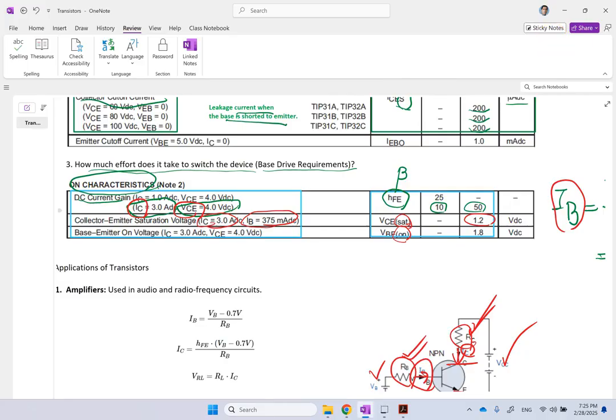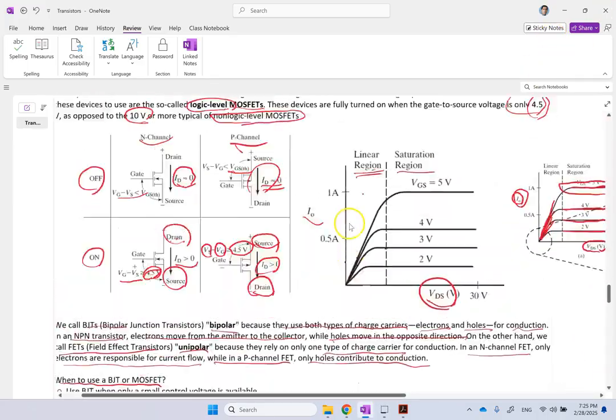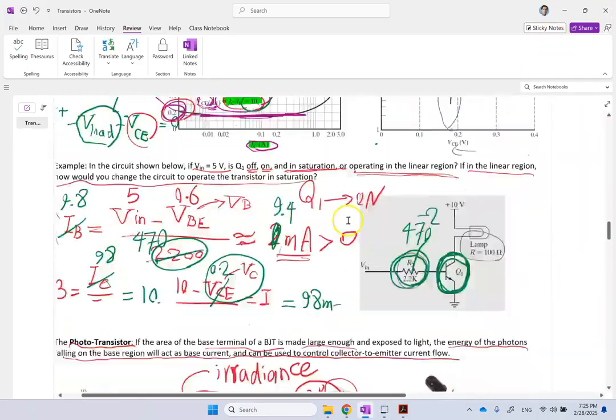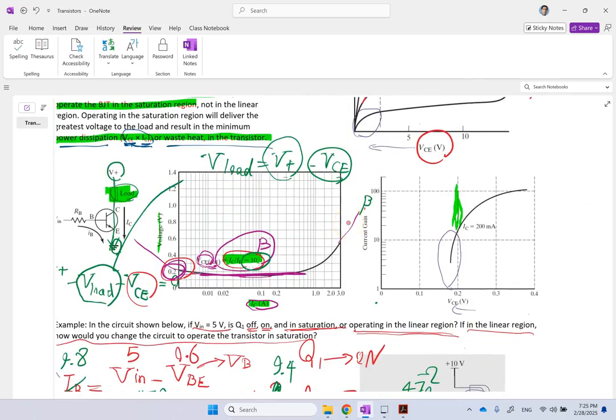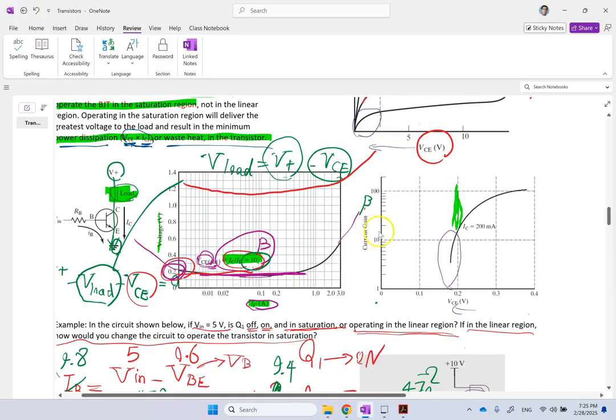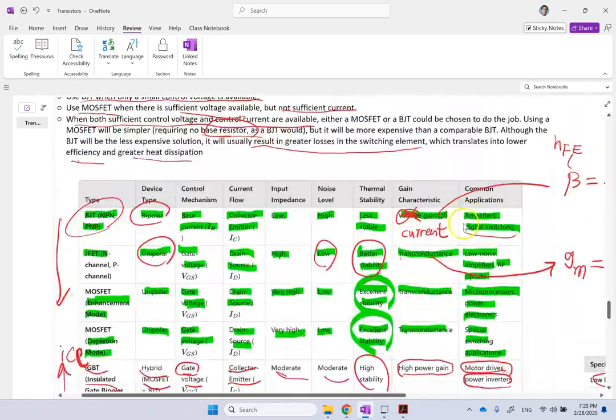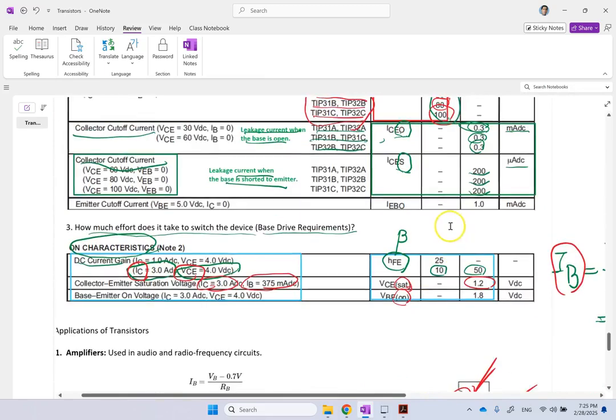Remember, in one of our previous examples, the voltage that we used, VCE, was about 0.2. In this case, it is a lot more. It's about 1.2 for a beta of about 10 or a little bit less than 10. So this curve for this transistor is passing something like that. Okay? So you can see all of the on characteristics and the saturation characteristics here.